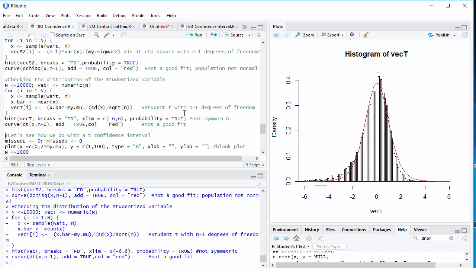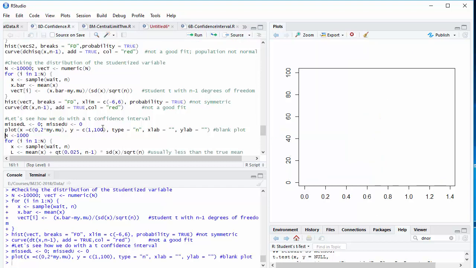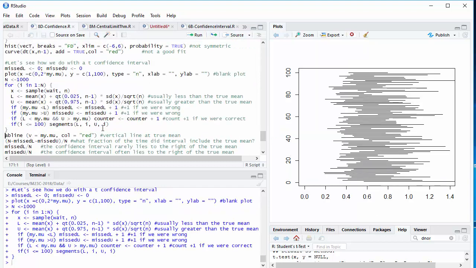So let's see what happens if we just blindly go ahead and calculate a student t confidence interval. In this case, I'm going to compute how frequently we miss on the low end and how frequently we miss on the upper end. So I'll set up the standard blank plot and go through the usual routine of creating confidence intervals.